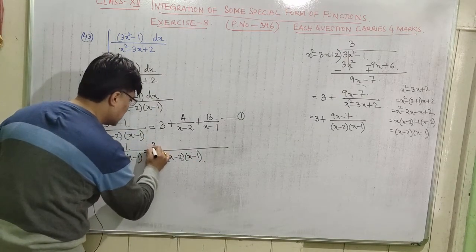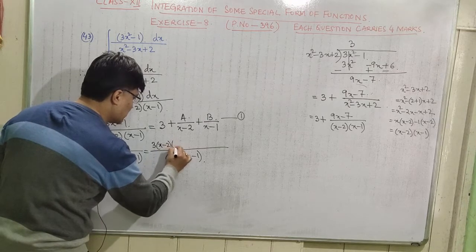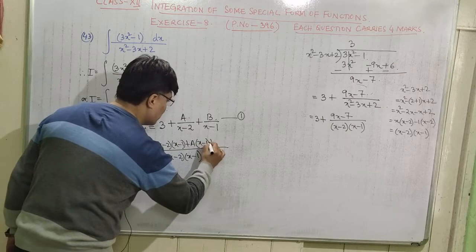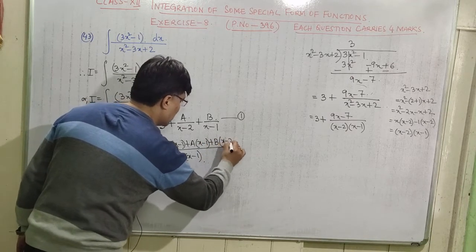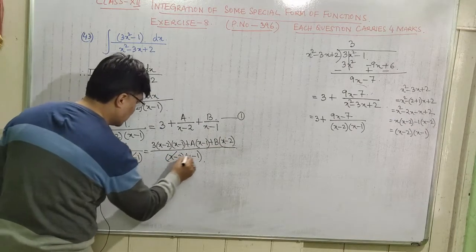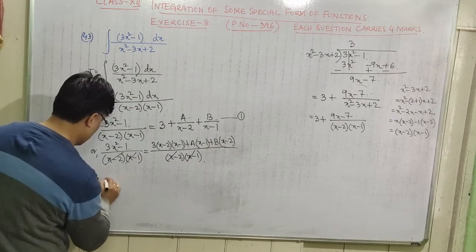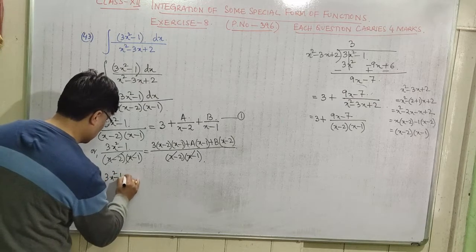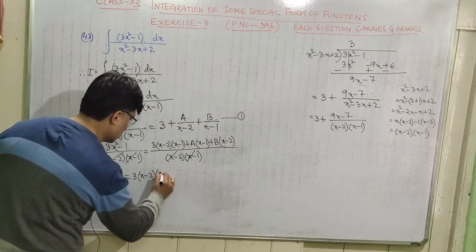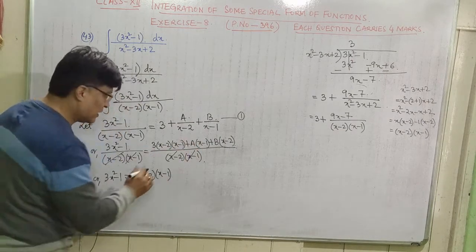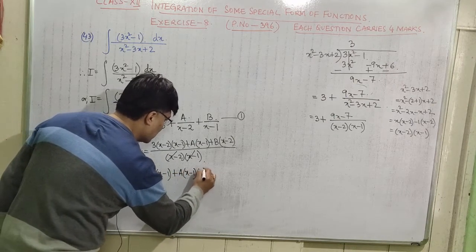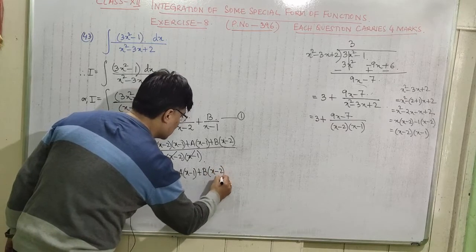So now in this case we can simplify it. 3 into (x minus 2) into (x minus 1) plus capital A into (x minus 1) plus capital B into (x minus 2). Is that clear? (x minus 2) and (x minus 1) will be cancelled. So now this is 3x square minus 1 is equal to 3 into (x minus 2) into (x minus 1). No need of simplifying this right hand side, right? Plus capital A into (x minus 1) plus capital B into (x minus 2).